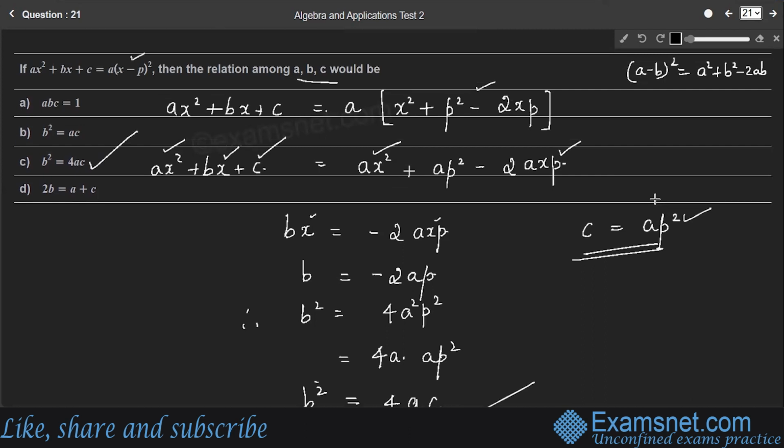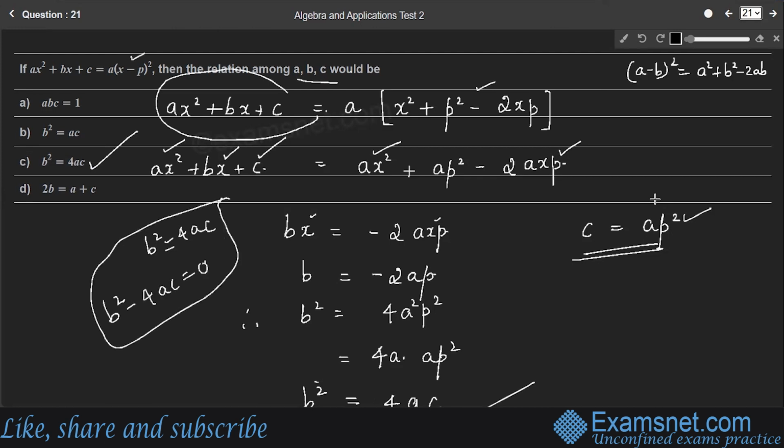So, in any quadratic equation in the form of ax square plus bx plus c is equal to 0, the condition b square is equal to 4 times ac, or you can consider it as b square minus 4ac is equal to 0, is a general formula.